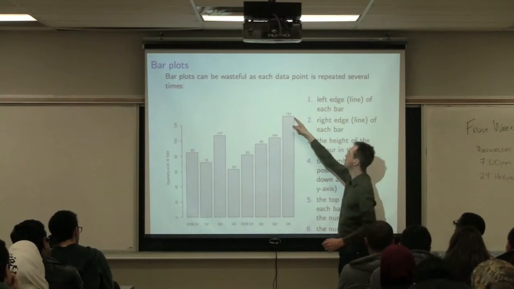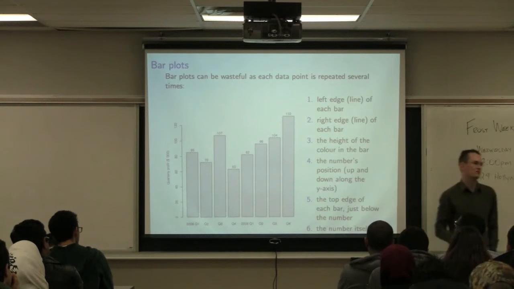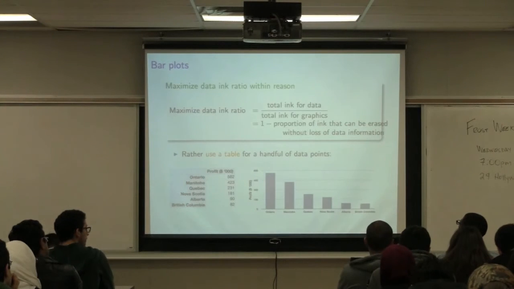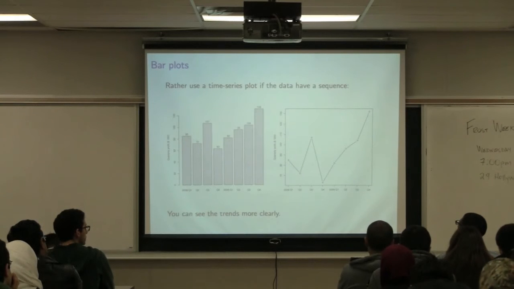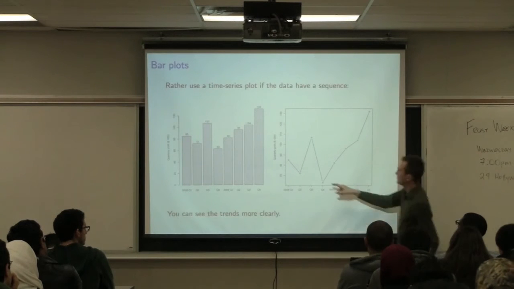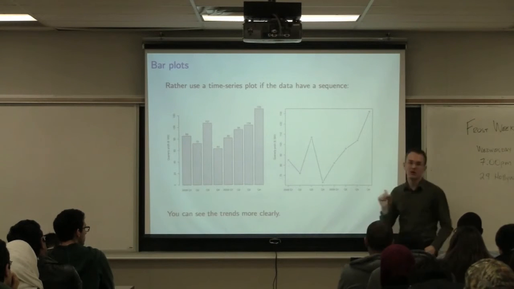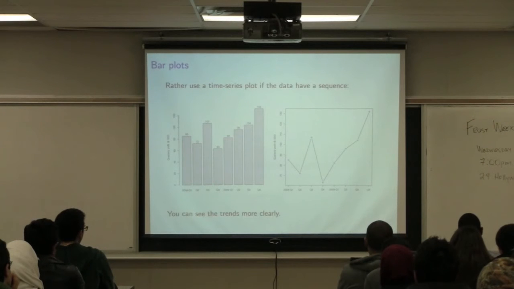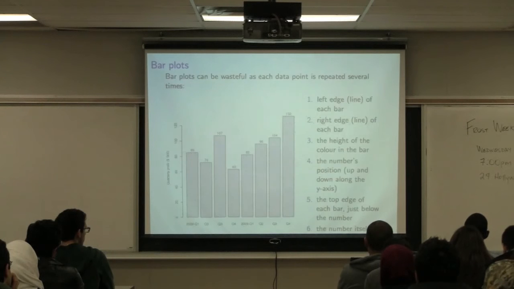That number itself printed up there conveys the same piece of information. Far more efficient in these sorts of plots to show them as time series, where we're essentially just connecting these points and showing those data discretely. Much, much less ink is being used. That graph on the right maximizes the data ink compared to the graph on the left.